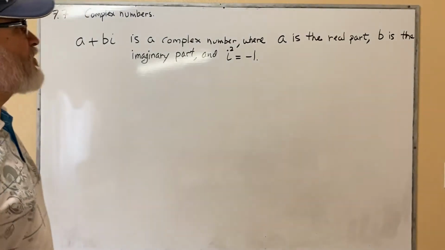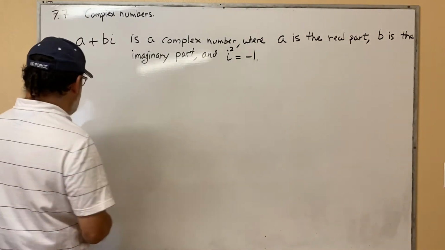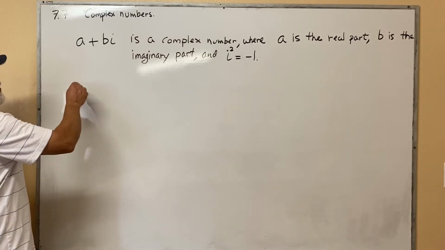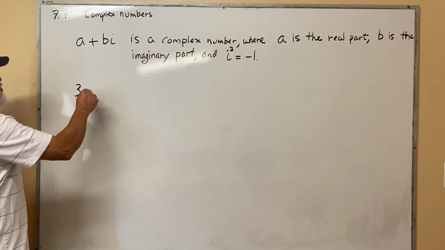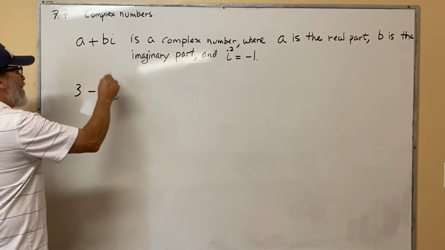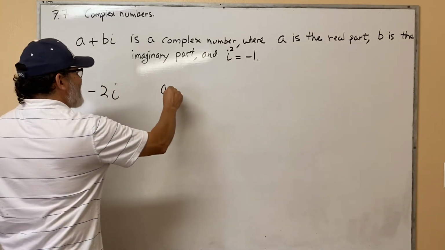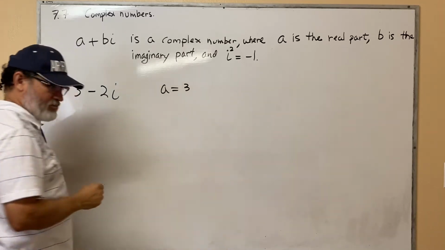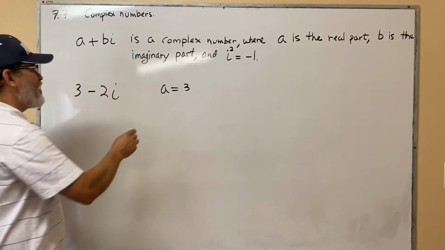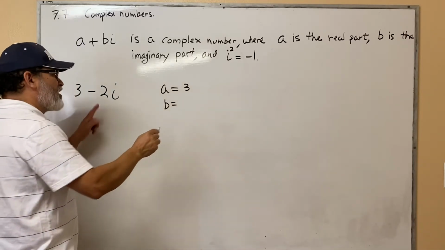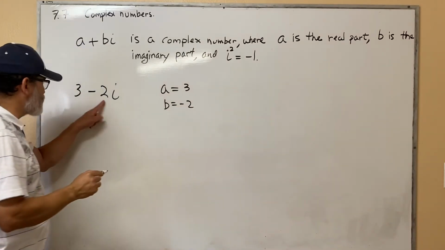So let's make up a few complex numbers. 3 minus 2i. What is A? A is 3. What is B? B is the imaginary part, -2. This negative goes with it.